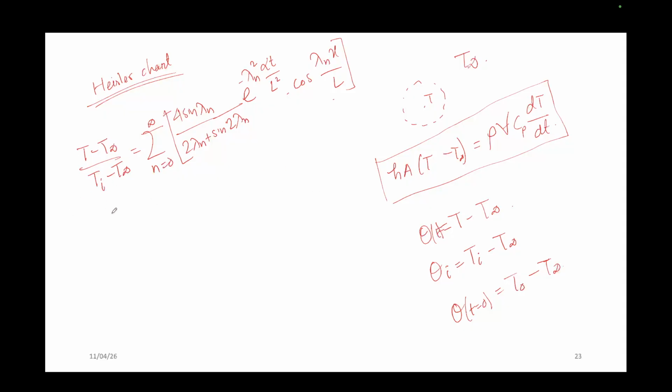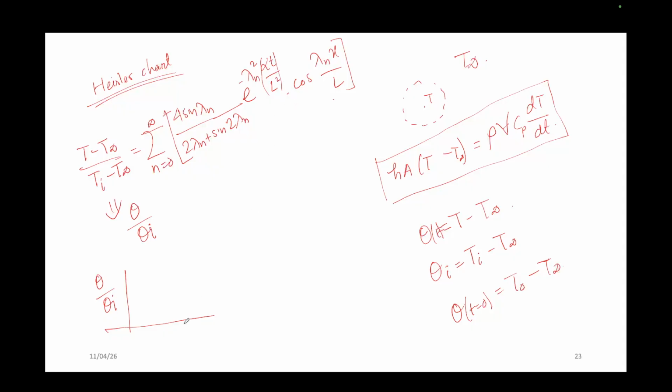So can I write this part only as theta by theta i? Yes or no? So actually this Heisler chart is basically a few graphs. One graph is basically with theta by theta i and this value alpha t by L square.